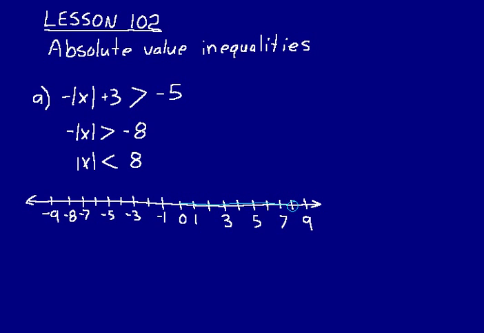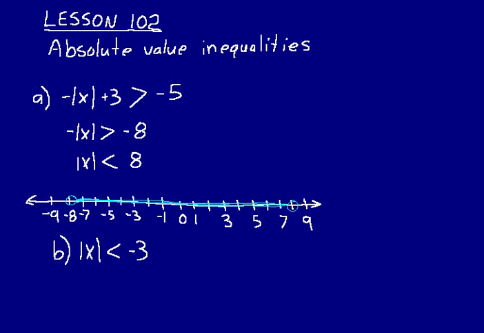And so we'll continue all the way over to -8, where we'll put another open circle, because the absolute value of -8 equals 8, but we want to be less than 8, so we have to say open circle there. And so it would be this region right here. This shaded in region satisfies that absolute value inequality.